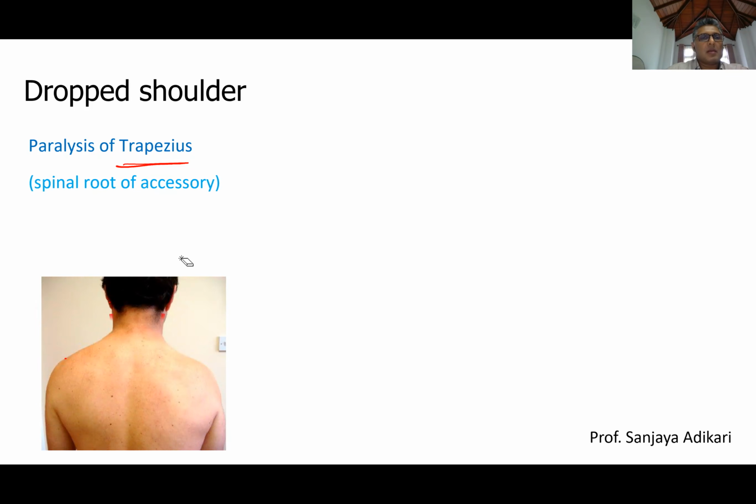If the trapezius is paralyzed due to maybe damage to the accessory nerve, the 11th cranial nerve, which has two roots, the cranial root and the spinal root coming from the cervical spinal cord, you get dropped shoulder on that side.